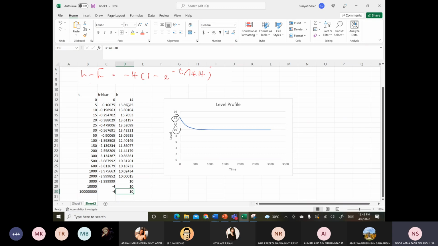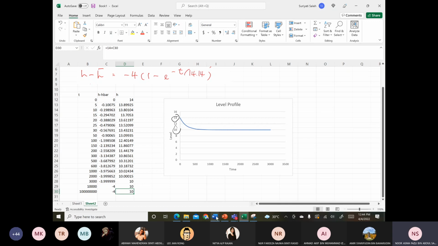We do the calculation, we put in the value of the time, and we found out that the response is going to decrease, but it only decreases until 10 feet. It will never go below that. So this indicates that the tank, based on the current condition, is never going to be empty.